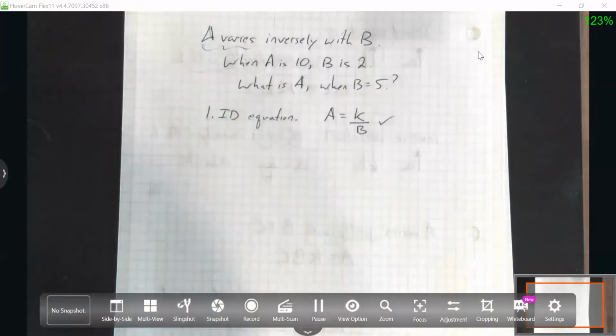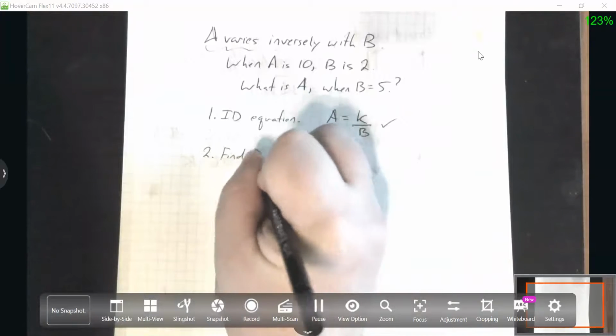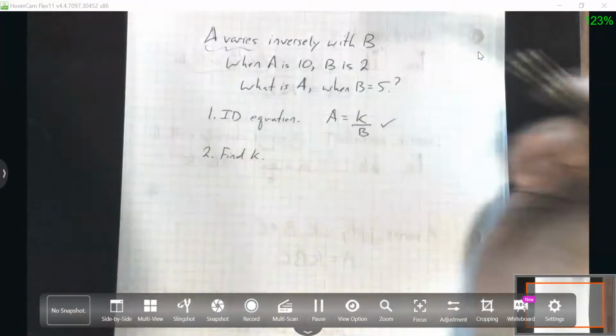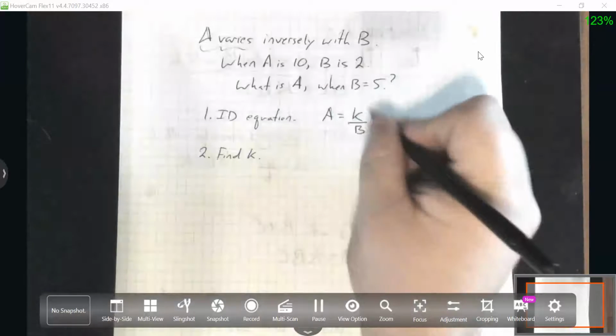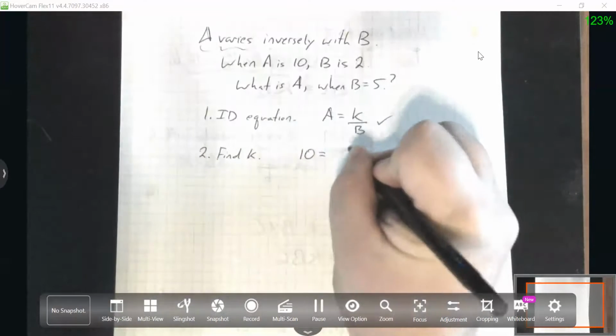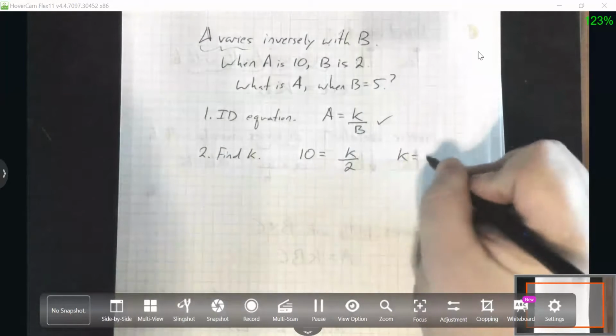Next, they're usually going to give us some kind of information. And we're going to use that information to find our constant. So in this problem, we have when A is 10, B is equal to 2. So I can plug that into our formula to find out what the constant is. So A is 10, B is 2. And now I can solve this and I'd see that K is equal to 20.